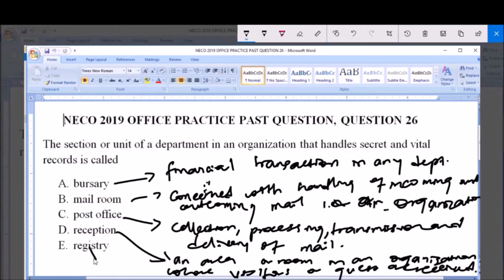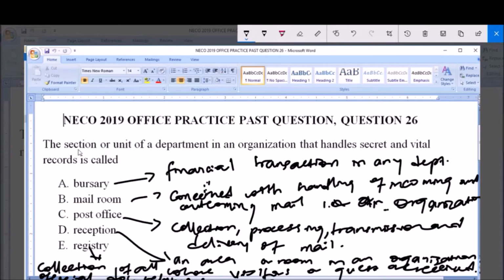Now E here says registry. Registry is concerned with the collection and storage of all official documents relating to an organization.